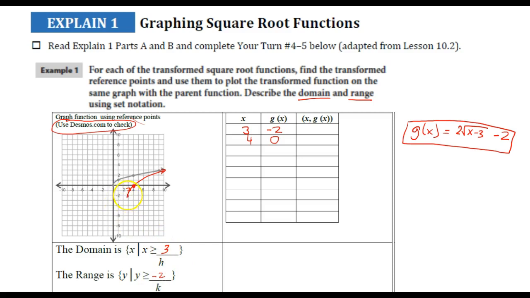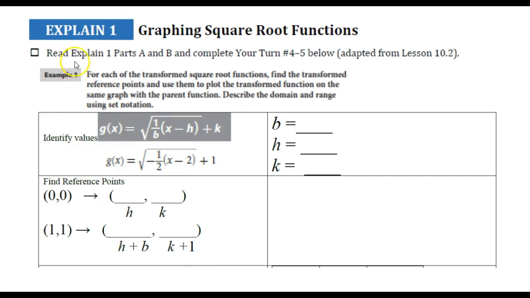And you notice that that's actually the starting point for our graph. So for the domain, the smallest x value is 3, and the smallest y value is -2.